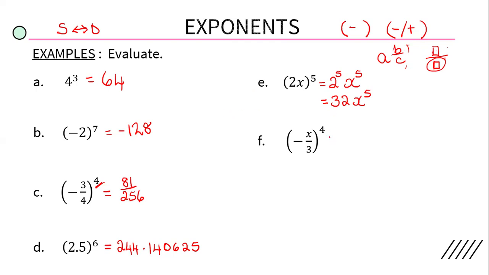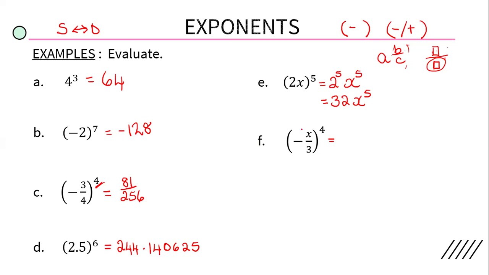Next, we have (negative x over 3) raised to the power of 4. Let's deal with our sign first. We have a negative to the power of 4.